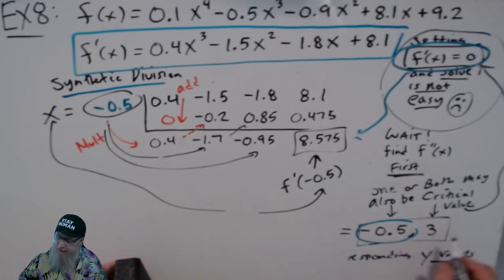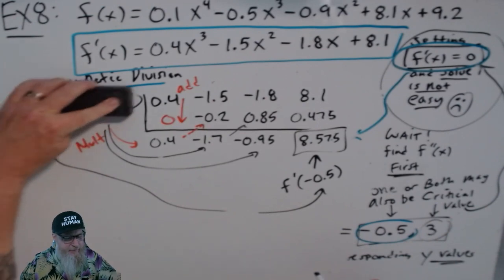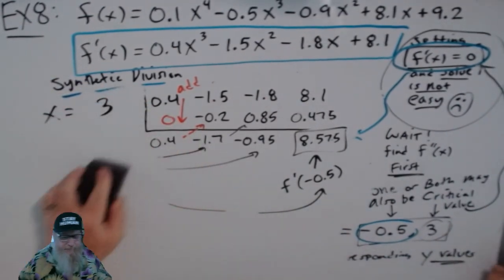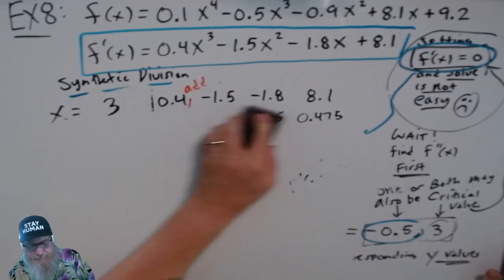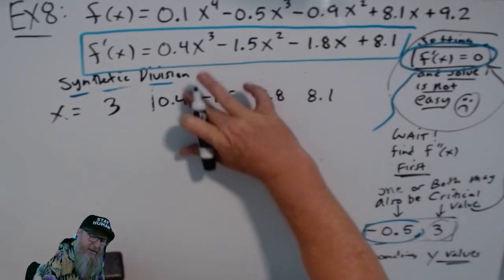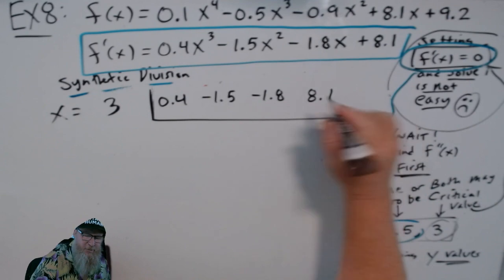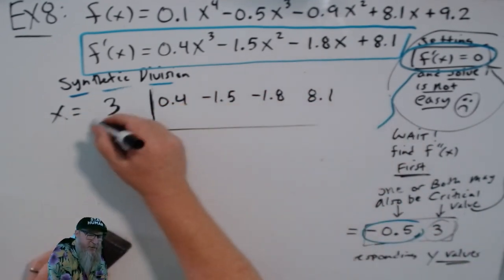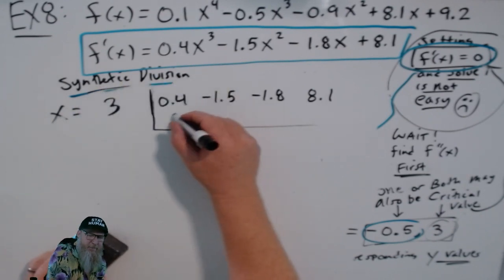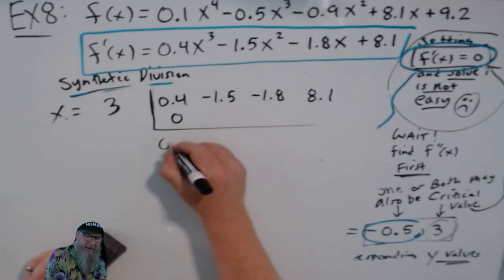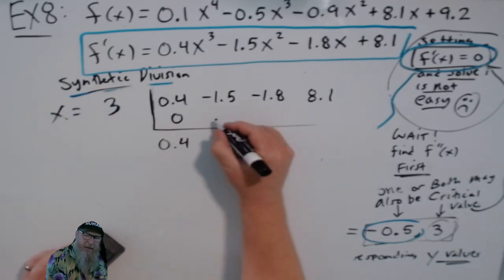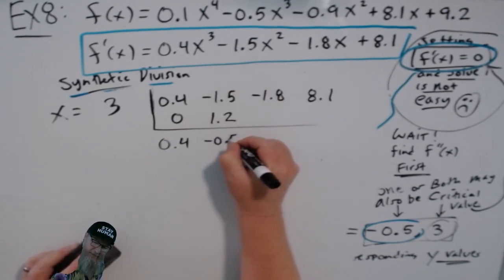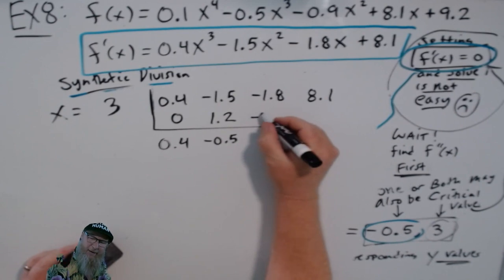So let's try the other number. Let's try x equals 3. Now that you know the process, I did the hardest one first. So you try x equals 3. You put a 0 here. You add. You multiply. You add. You multiply.